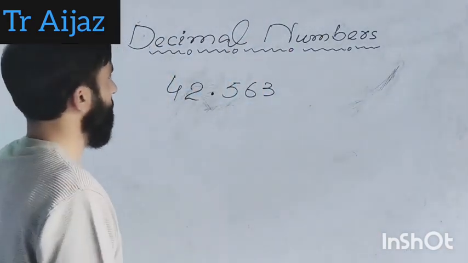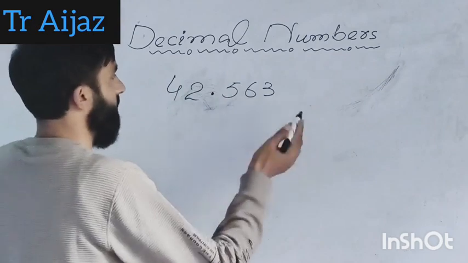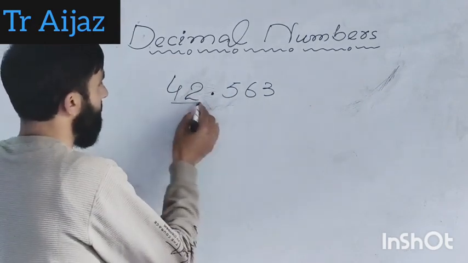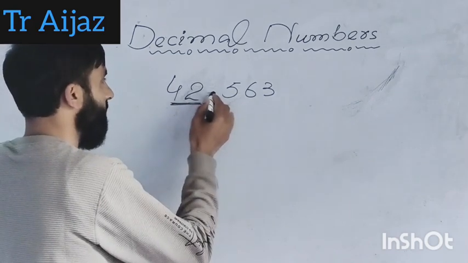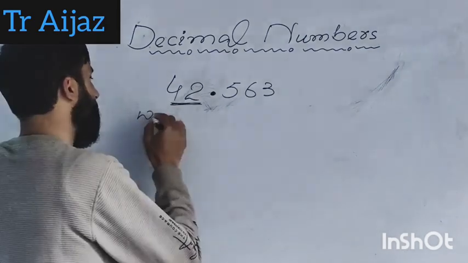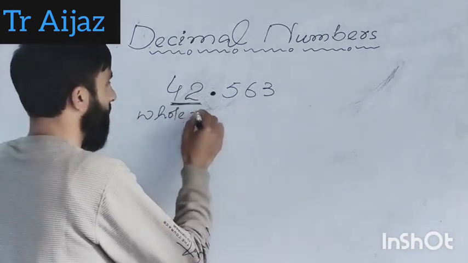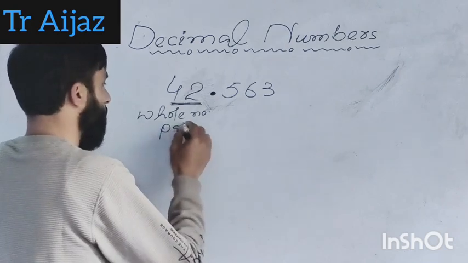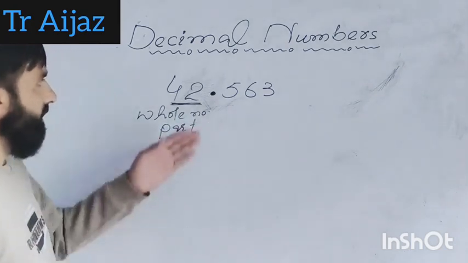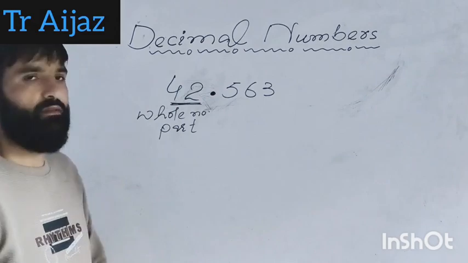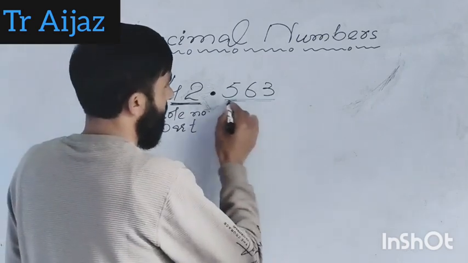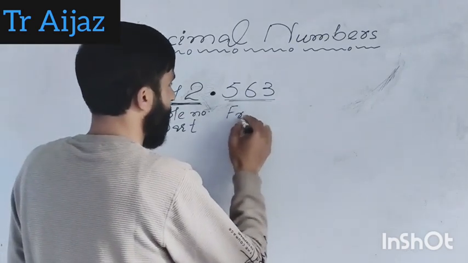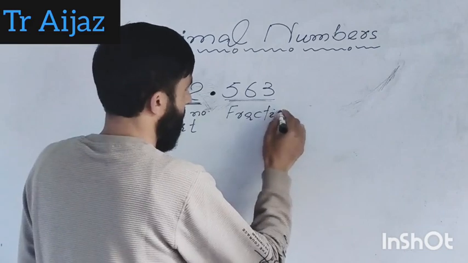Second point, a decimal number has two parts. The part before the point is known as the whole number part. So the whole number part of this number is 42. And this part is known as the fractional part.